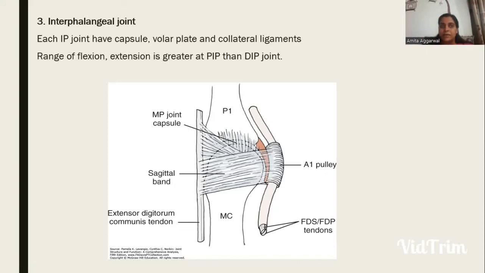It does decrease the moment, but it prevents injuries and the chances of associated conditions like trigger finger. On the dorsal aspect, we can see the tendon of extensor digitorum running, and we have the metacarpophalangeal joint capsule.